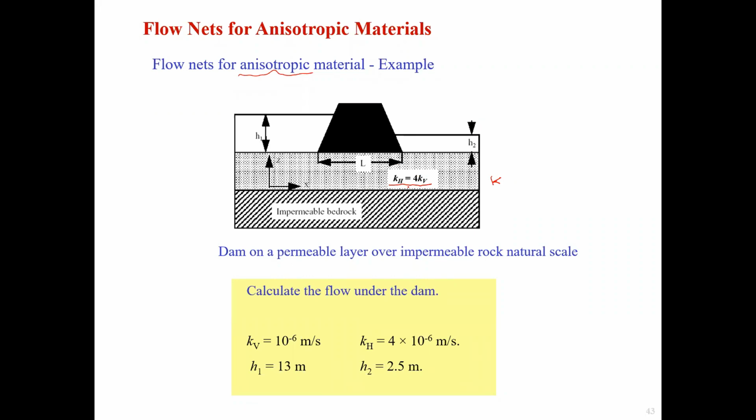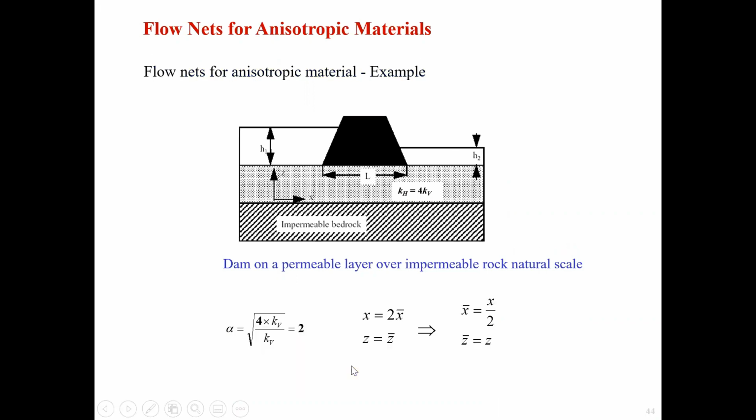So we are required to calculate the flow under the dam as shown in this figure. We are required to calculate the Q, given KV and KH and H1, H2. So the water heads upstream and downstream are given, and the permeability coefficients are given as well. Firstly, we need to calculate alpha.